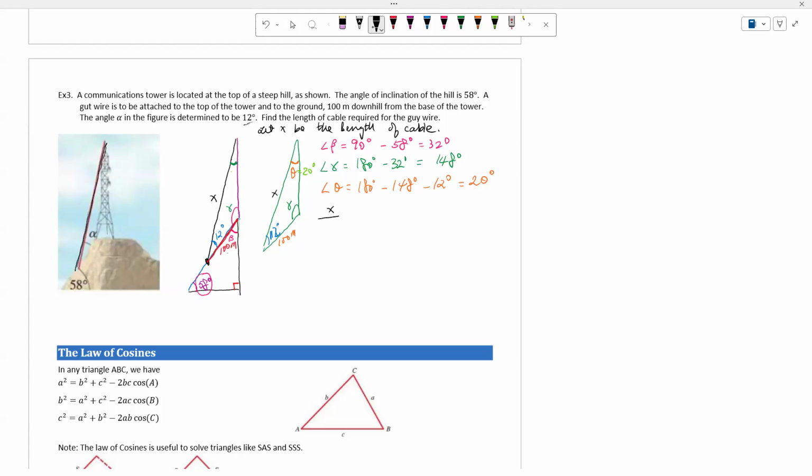And I have x over sine of gamma, which is 148 degrees, equal to 100 meters over sine of theta, which is 20 degrees.